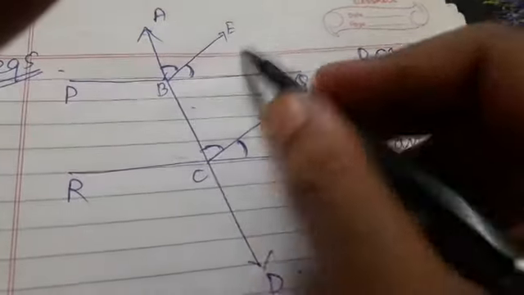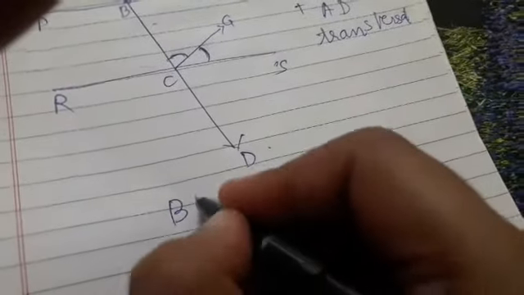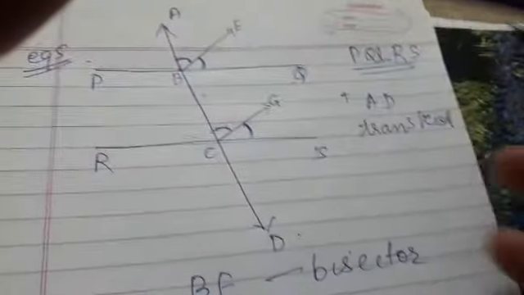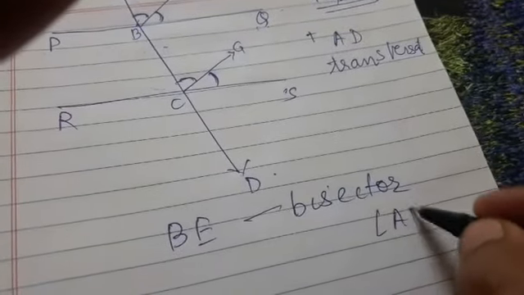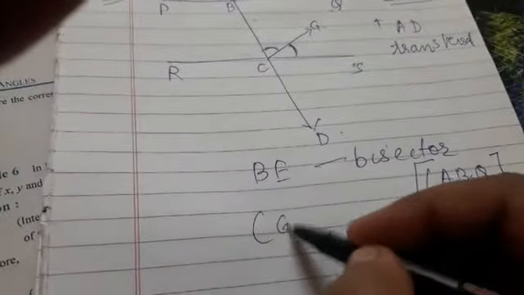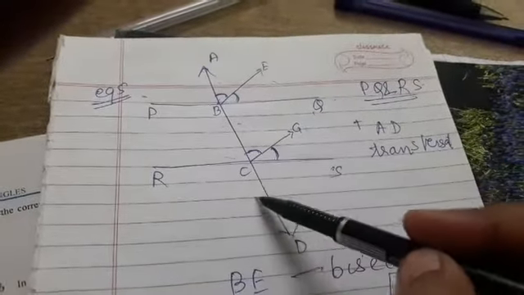Now BE is the bisector of which angle? ABQ. And CG is the bisector of which angle? BCS.